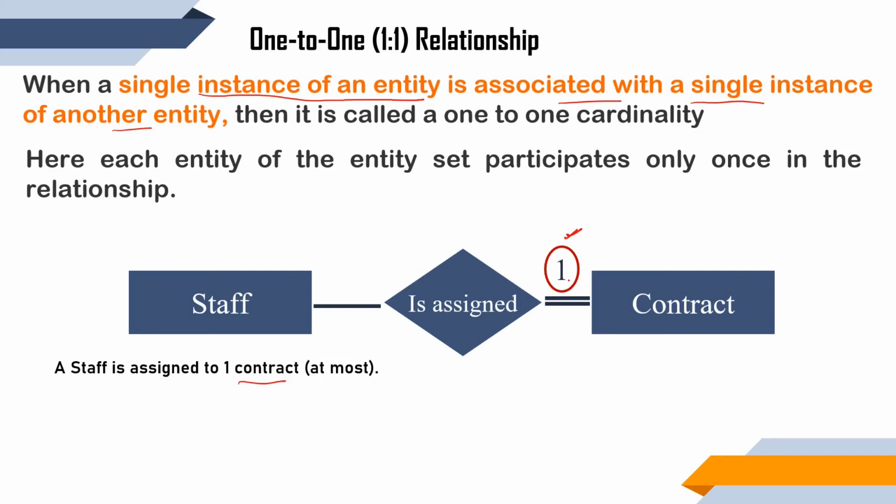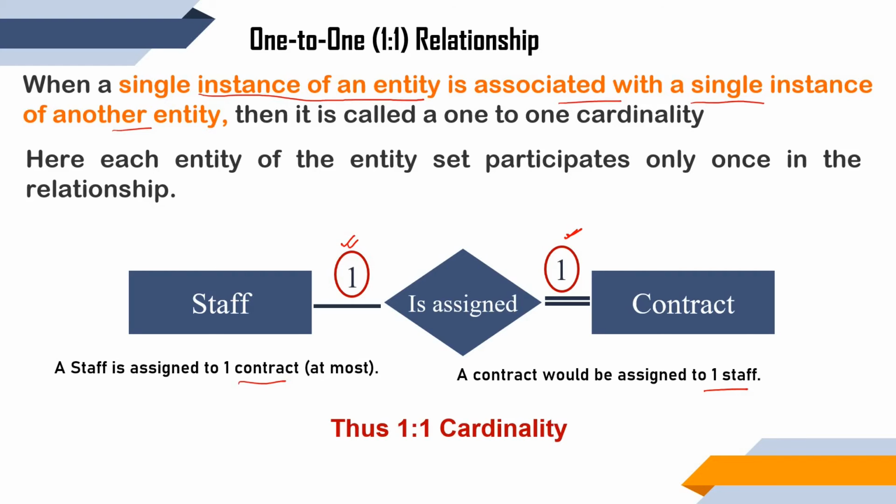So one comes here. And a contract would be assigned to a single staff, because a single contract is valid for only that staff. So this one comes here. So we can call this a 1:1 relationship. Now, whenever a staff comes to an organization, he has to be assigned a single contract.